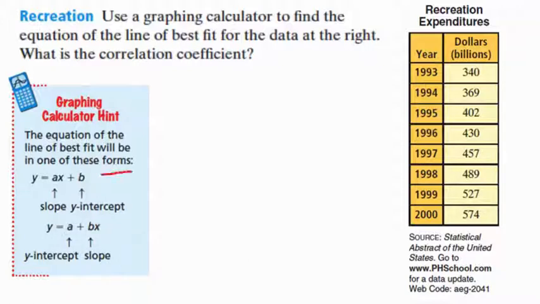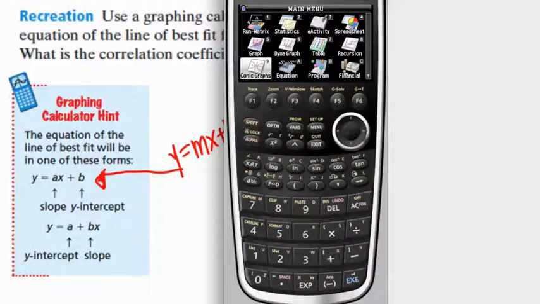When given the choice, which we will always be given the choice, we are going to use this first equation because it looks most like what we're used to writing our equations in, which is slope-intercept form, y equals mx plus b. So let's get started. I'm going to open up my calculator screen here.